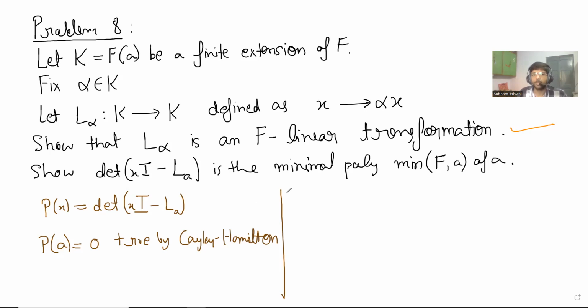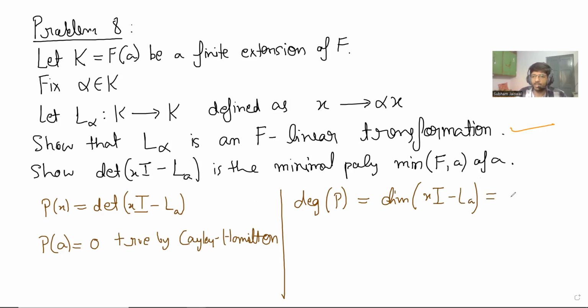But as I said, you can do degree things. So degree of P is equal to, what is the degree? It is equal to the dimension of xI minus LA, meaning the dimension of this matrix, okay?